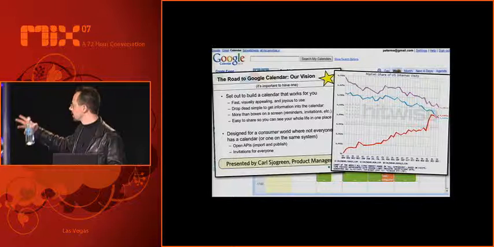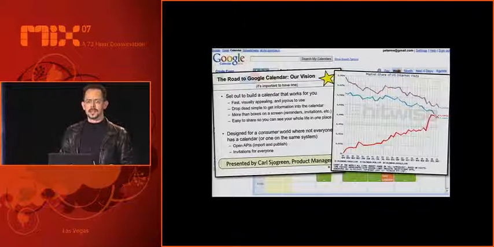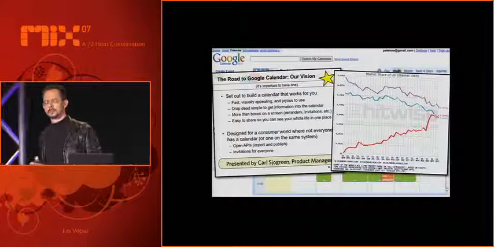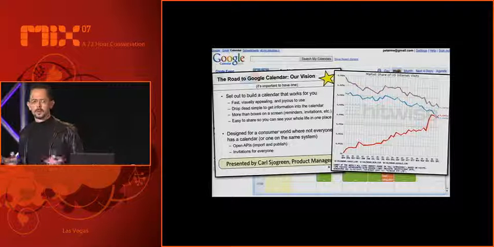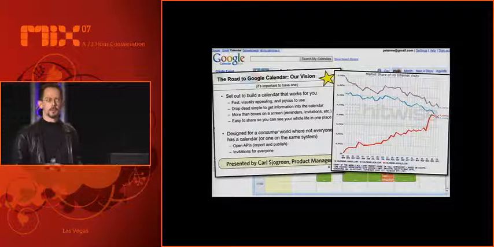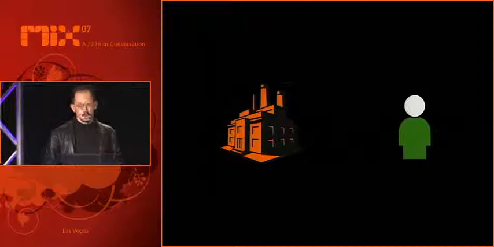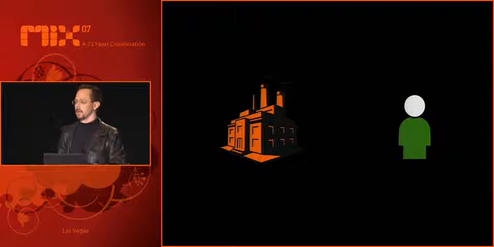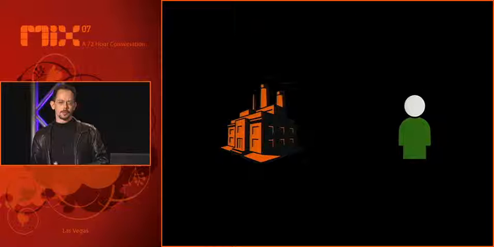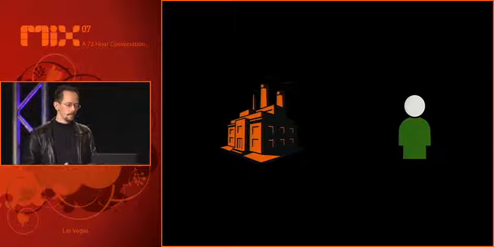Now you can look at something like that vision statement and say, well, aren't we really talking about the brand? The Google brand is about being fast, visually appealing, joyous to use, right? But there's something else going on here. It's not about identifying your brand attributes and building those brand attributes into the design.